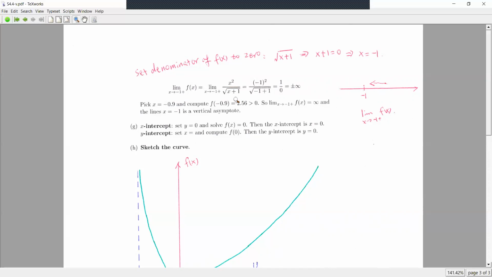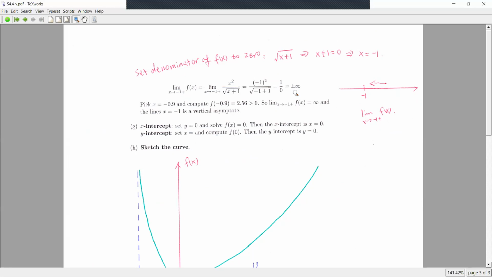Let me use direct substitution. Directly plug in -1 for x, then I get 1/0. 1/0 is an infinity, either positive or negative.